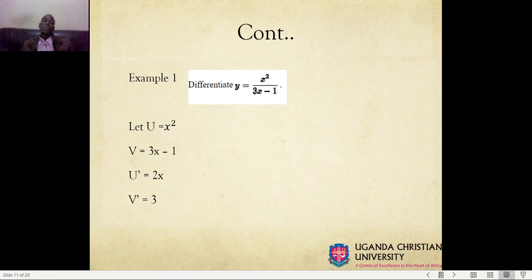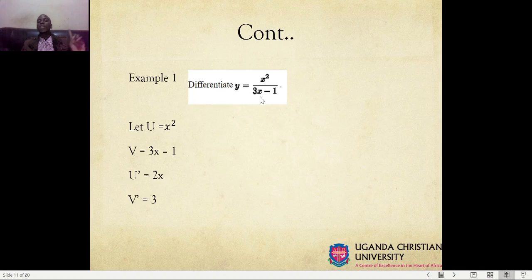In this case I've used u and v. So we let the upper part be u, let u be x squared, and we let the denominator be v. All together, our numerator is u and our denominator is v.